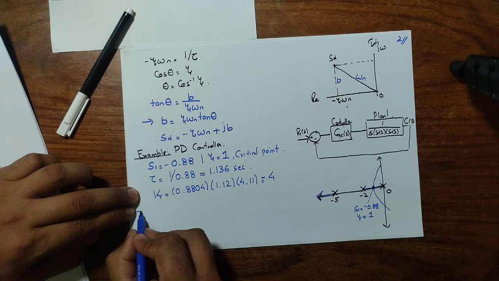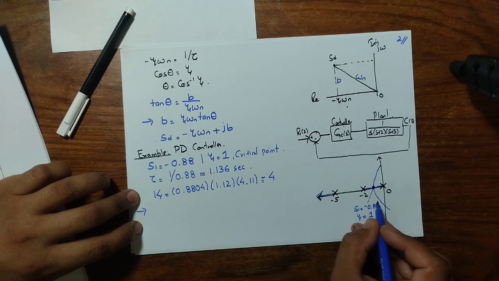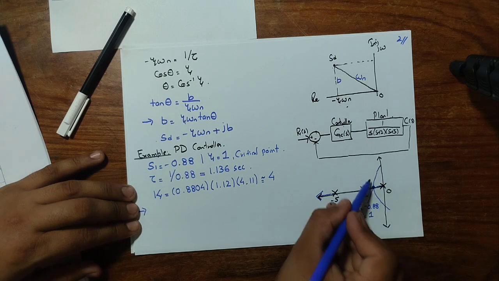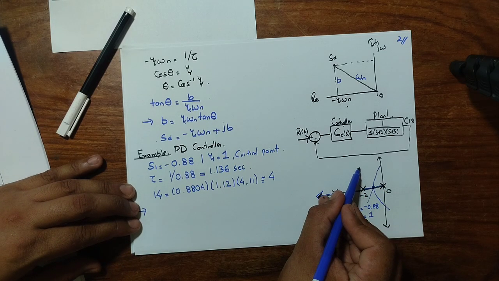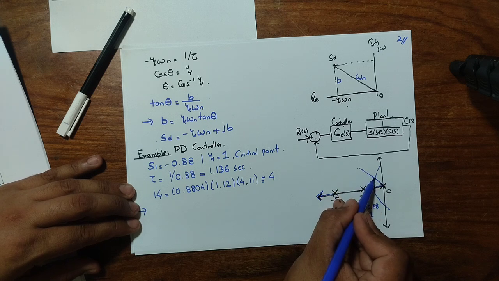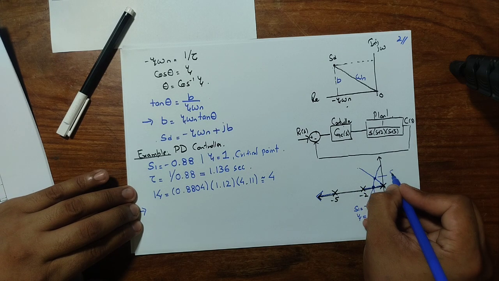Now again in this example, we have been asked to draw a line which has a damping ratio of 0.707. The damping ratio line of 0.707 is like this one, right? It cuts the root locus of the proportional gain at this point, so this is our point number 2, let's call it S2.